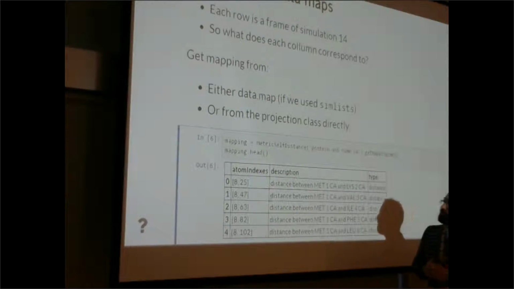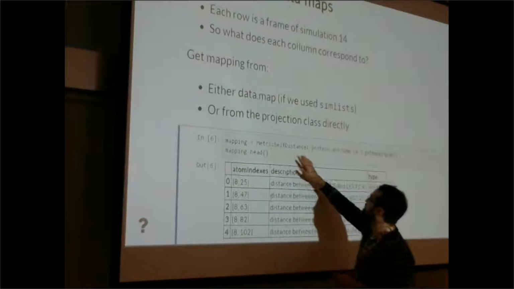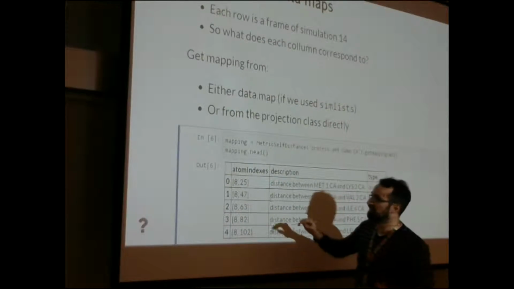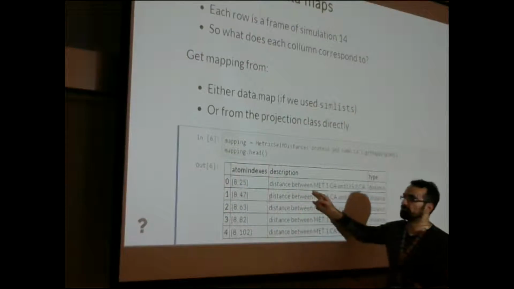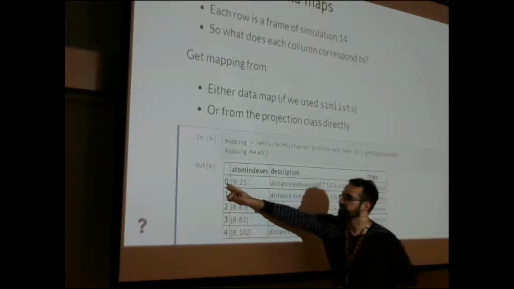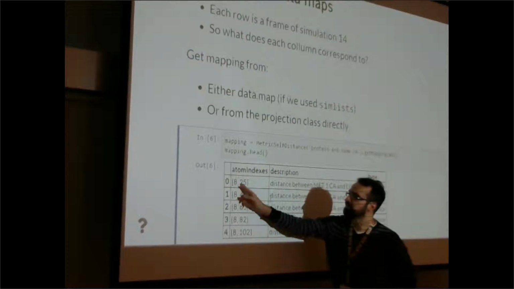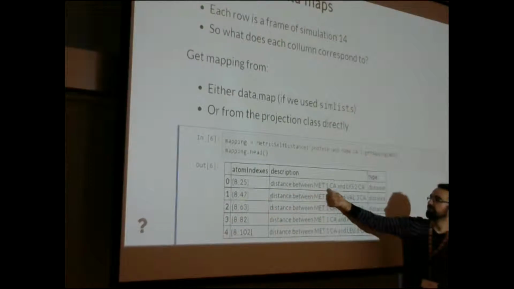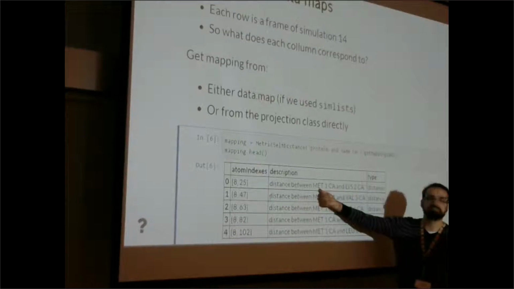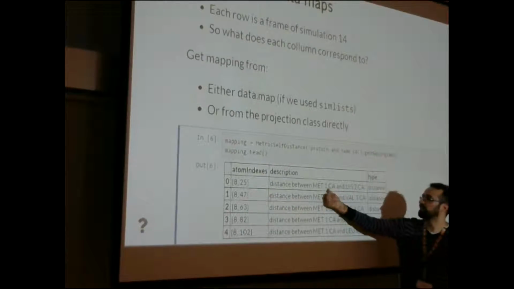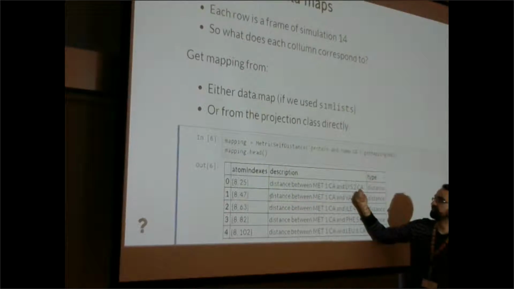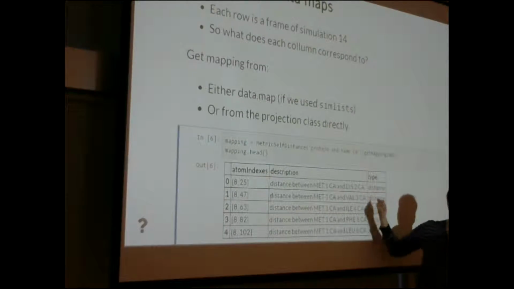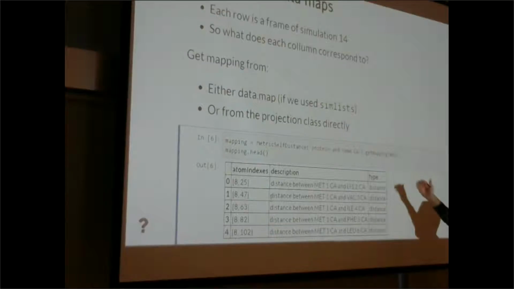When we do this self-distance and look at a given dimension, the first one for example, the 0, we see the atom indexes that are related to it, and what it means: the distance between this C alpha of this residue, with residue name and residue ID, and another C alpha of lysine 2, and you see that it's a distance type, and so on and so forth.